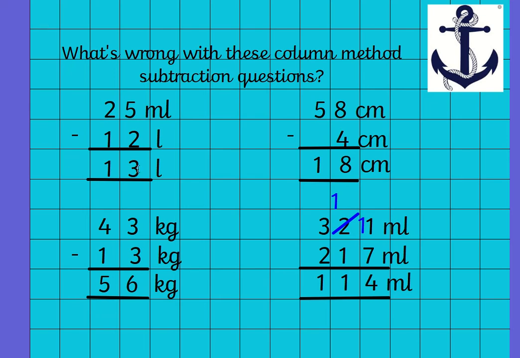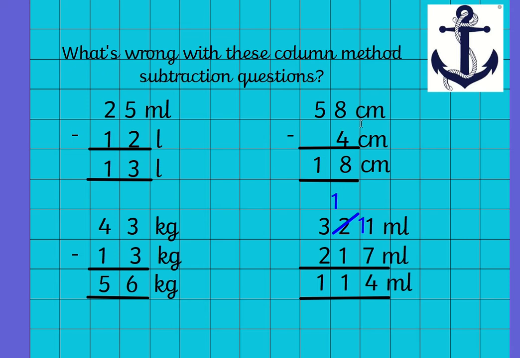If you look at the first problem, you can see that the unit of measurement is not the same. The unit of measurement is different. So it should be the same unit of measurement all the way through, which is why you may need to convert. So there's a problem there, isn't there? If we look at this one, you can see, well, yes, it's laid out correctly and it's all in the same unit of measurement now.